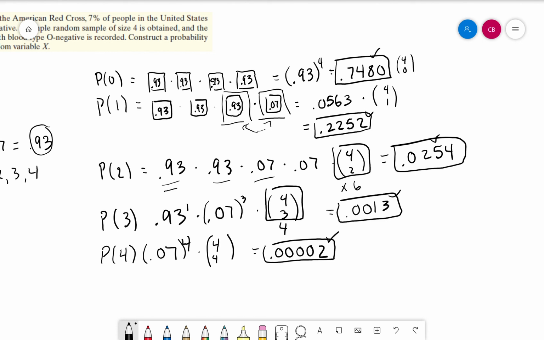I get roughly 0.9988. Obviously, I've been rounding the decimals in every instance, so it will be a lot closer considering I've cut off some of the information. But I have no reason to doubt that we've calculated each one correctly, and so that would be the binomial distribution.